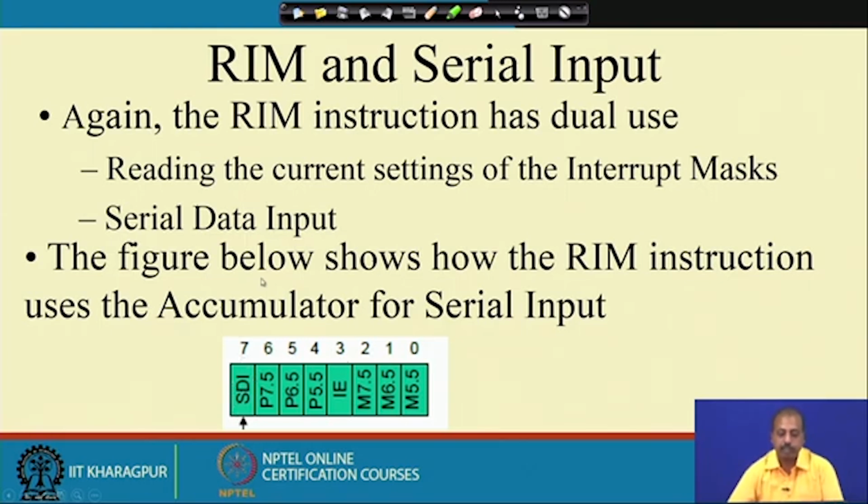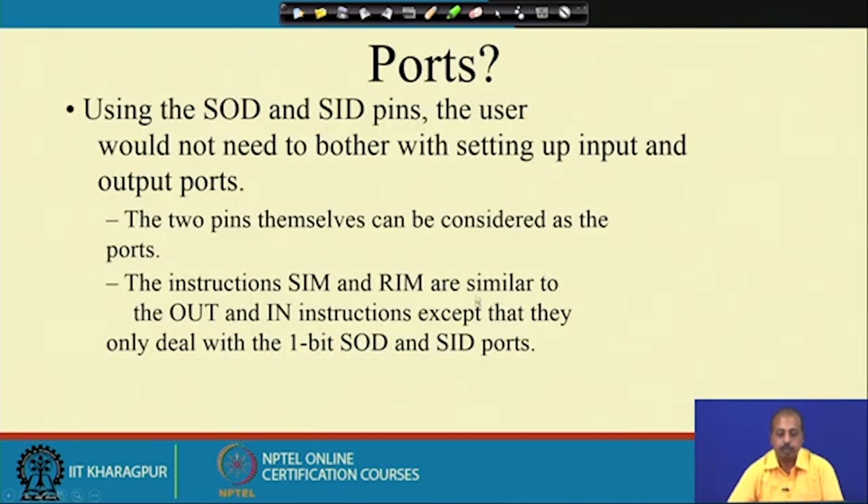When you are using the RIM instruction, bits 0 to 6 are set according to the interrupt mask settings, but this SDI bit comes from the SID pin of the 8085 processor. Whatever is coming serially on the SID pin will be put into this particular bit. So, we can use RIM and SIM instructions for serial data input and output operations.